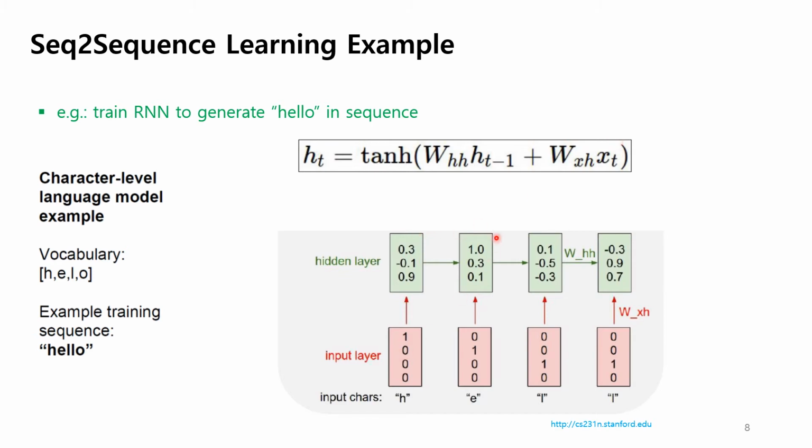So in each step we have an error. Sometimes the error is zero, but other times the error is not zero. Anyway, in each step we have an error, and we add them together. That is the total error. And the goal of learning in this RNN case is to minimize the total error.